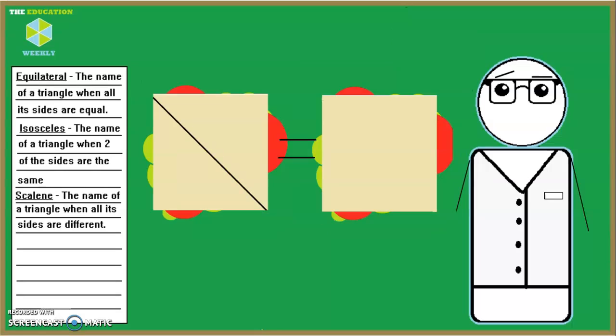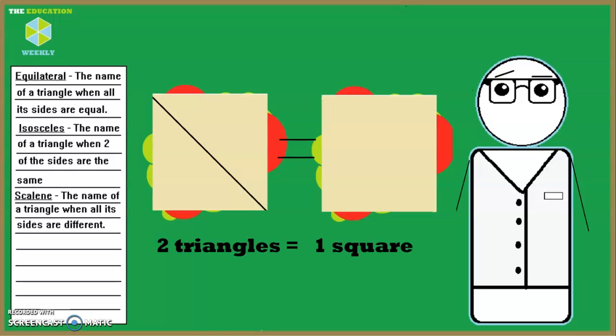Hey, wait a minute. The two triangle sandwiches are the same as the square sandwich. 2 triangles equals 1 square.